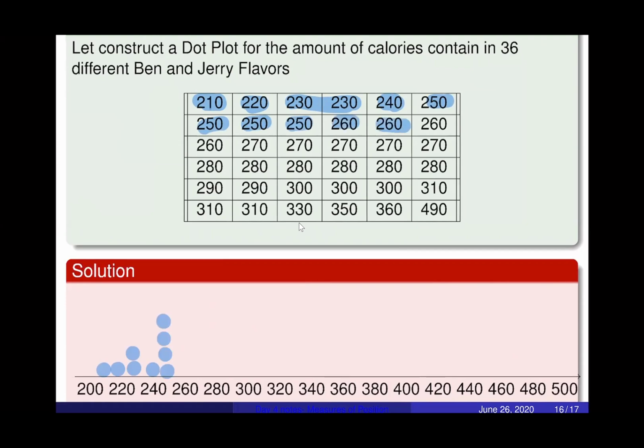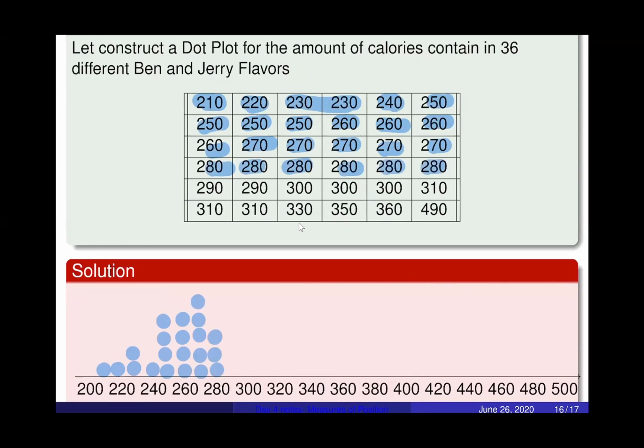You have 4 numbers at 260, so you go 1, 2, 3, 4. You have 5 at 270. And then you have 6 at 280.